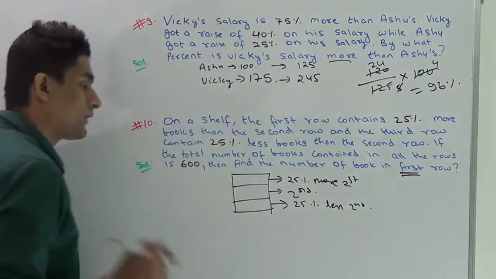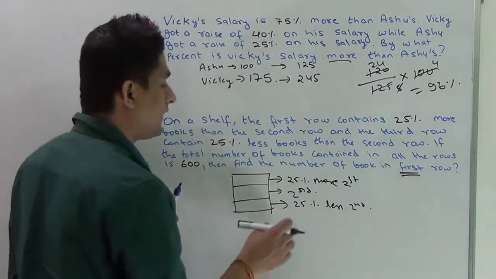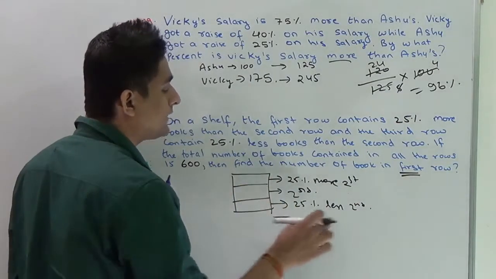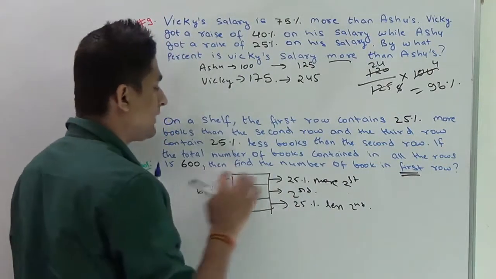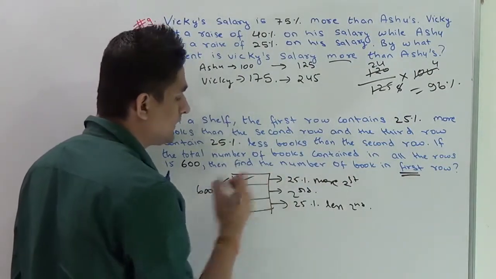The total number of books in all the rows is 600, and we have to find the number of books in the first row.